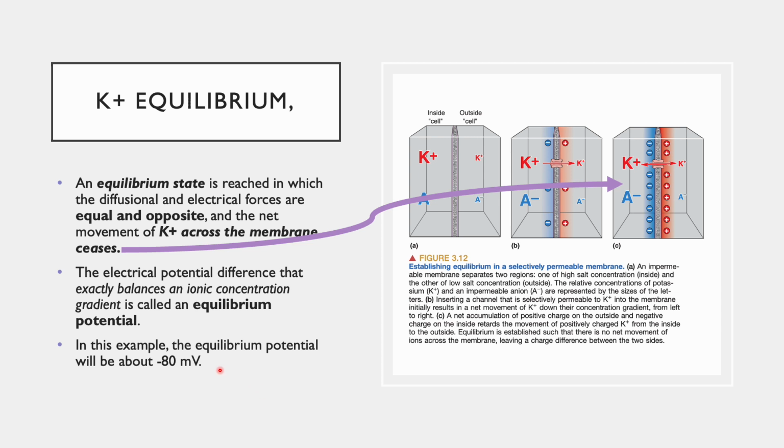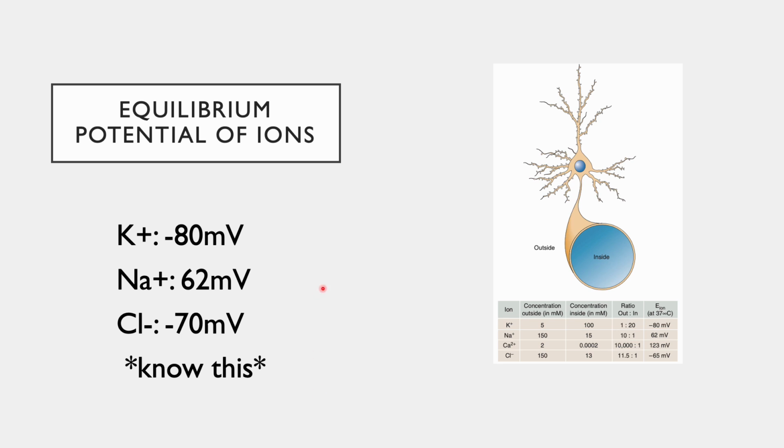In this example, the equilibrium potential will be about negative 80 millivolts. And remember, the membrane potential of a neuron can be measured by taking the mean of the equilibrium potential of potassium and the equilibrium potential of sodium. So make sure you know this for your exam. You'll need to remember the equilibrium potential of these three ions.